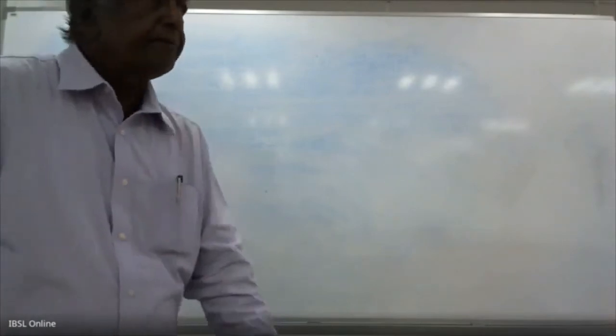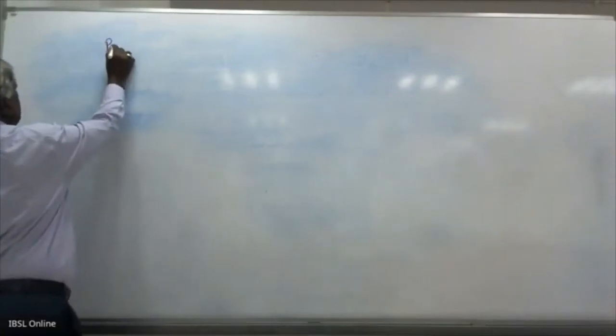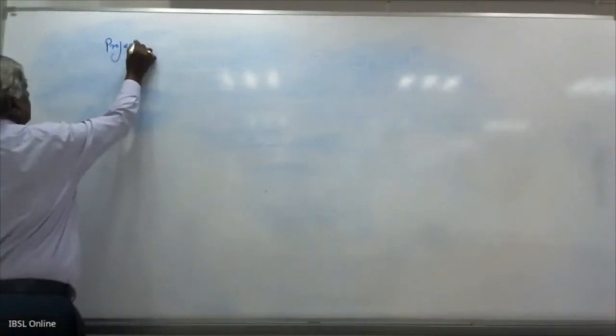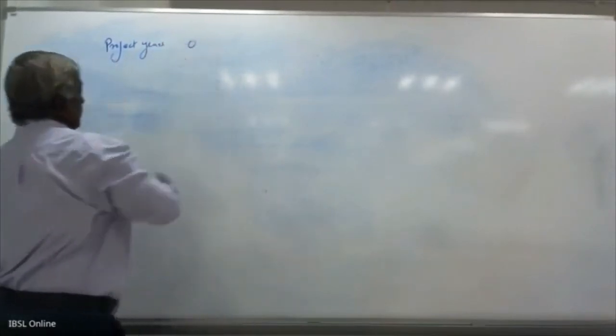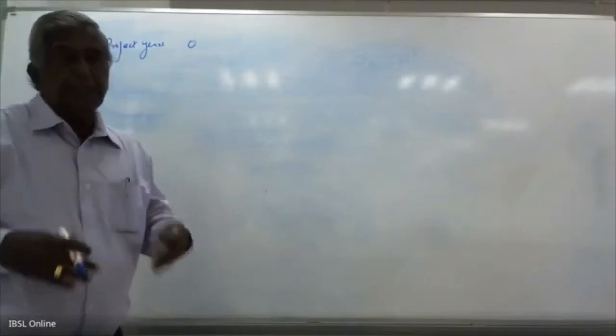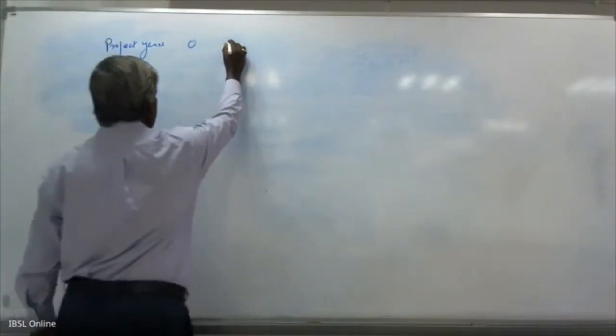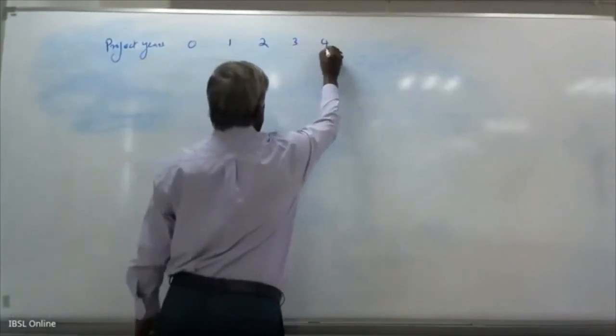The projection. So year zero, that is now. When we say year 0 means now. Then year 1, year 2, year 3, year 4, it goes on.